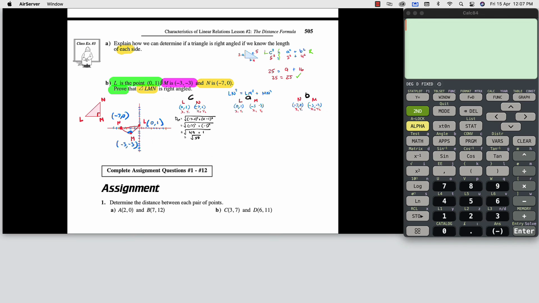And we're going to say the distance of LM is going to equal, again, the square root of x2, which happens to be -3, minus x1, squared, plus y2, negative 3 minus y1, squared, which is going to equal the square root of negative 3 squared plus negative 4 squared, which equals the square root of 9 plus 16, which equals the square root of 25, which equals 5.